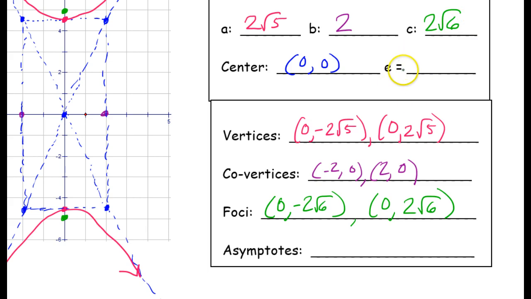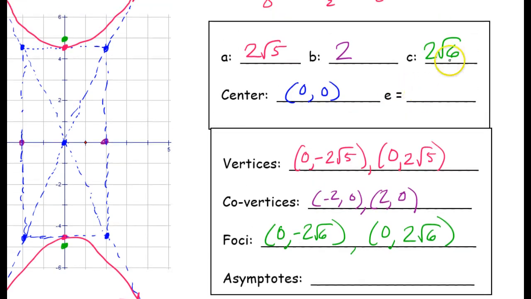Okay, of course the c value is 2 radical 6. Let's go ahead and speak of the eccentricity. The eccentricity is always c over a. So in this case, we have 2 radical 6 over 2 radical 5. Those 2's cancel each other out, so I have just radical 6 over radical 5.